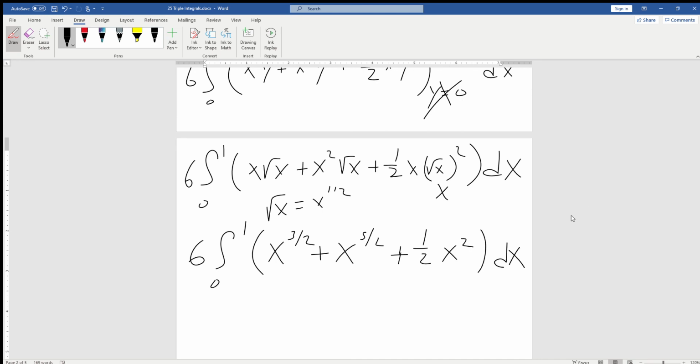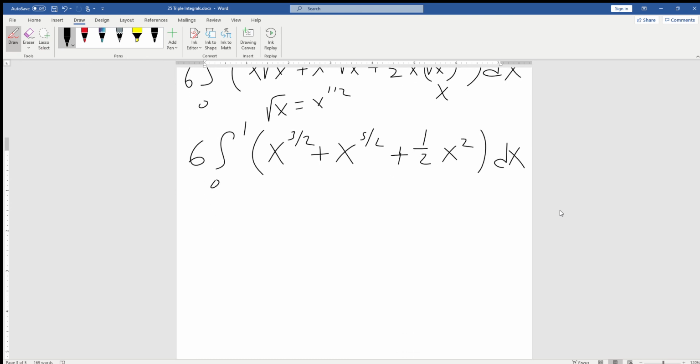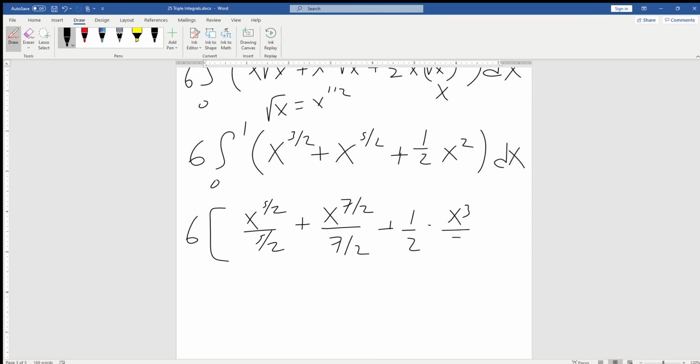All right, getting closer. Now we have 6, and we're going to take the antiderivative. So this is going to be x to the 5/2 over 5/2 plus x to the 7/2 over 7/2 plus 1/2 x cubed over 3 from 0 to 1.